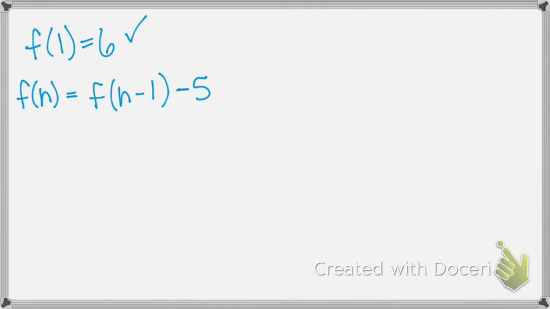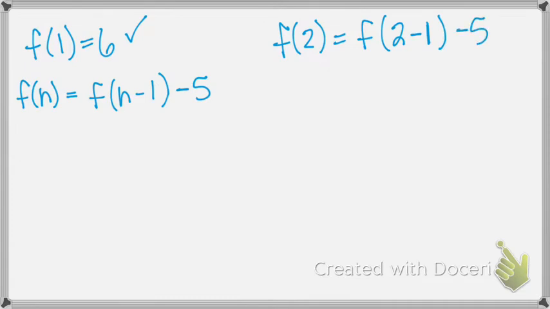Okay? So what we're going to do first is we're looking for f of 2. Okay? Equals f of 2 minus 1 minus 5. So the number in your parentheses, that f of, that is your n every time.